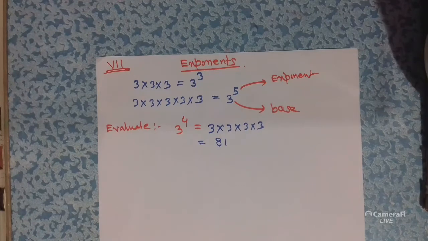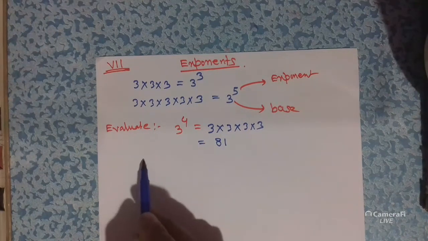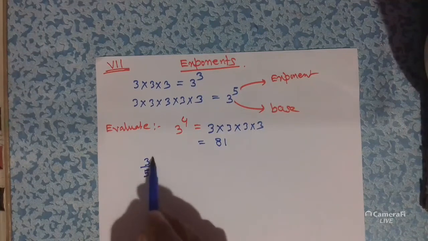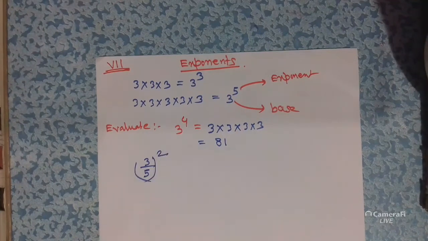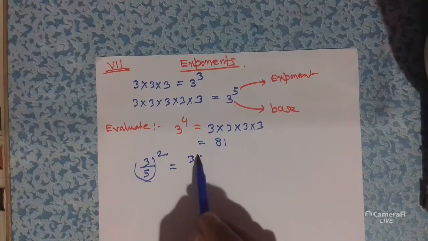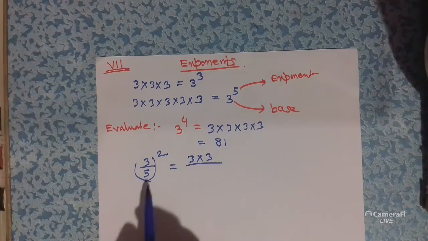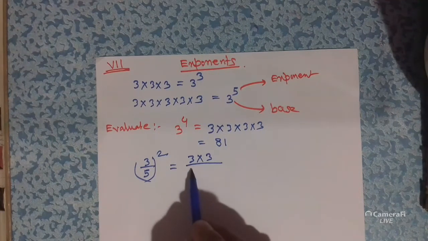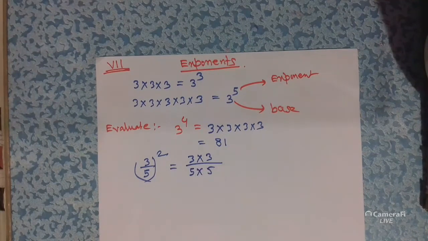Similarly, if I tell you to evaluate 3 by 5 to the power 2, that means 3 by 5 whole square. So here we can write it: 3 square means 3 multiply 3, and 5 square means 5 multiply 5.